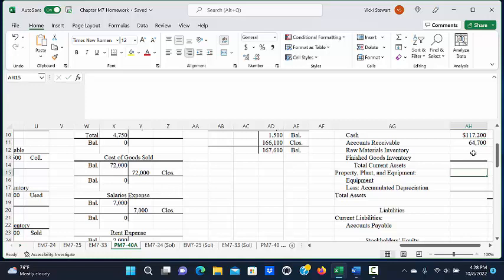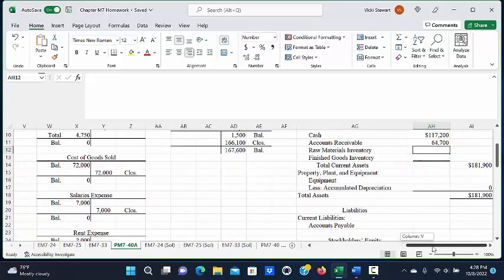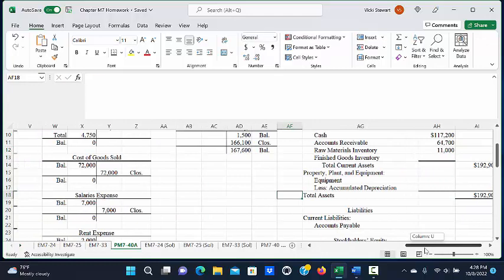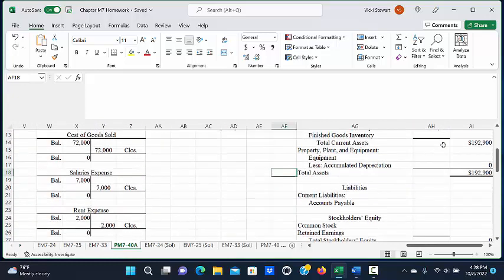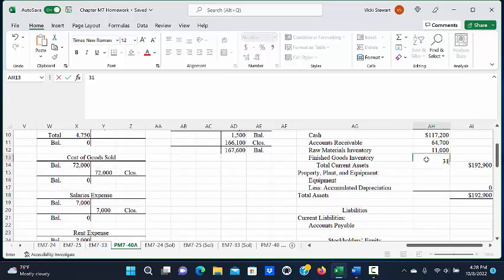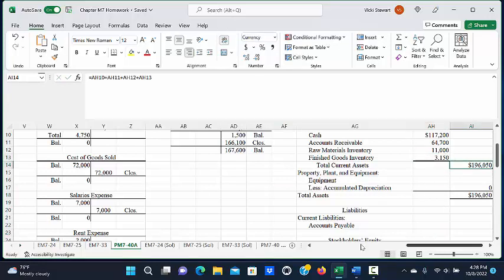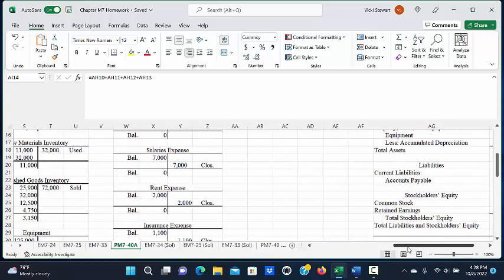The raw materials inventory at the end of the quarter was $11,000, and then our finished goods inventory ending balance was $3,150. And then that gives us total current assets of $196,050, and then we need to record our property, plant, and equipment.